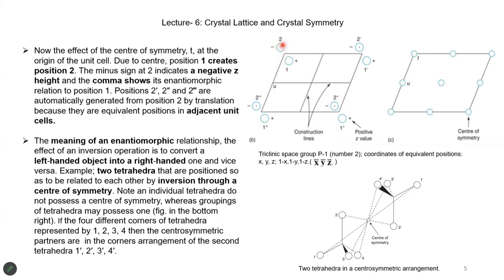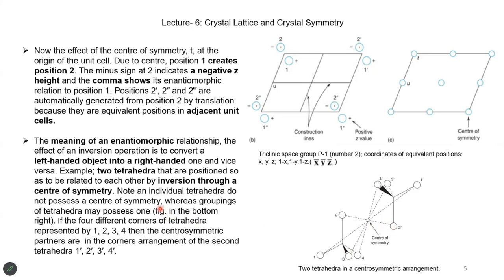Similarly, due to this center, all other unit cells get 2 prime 2, 2 prime 2 and 2 prime 3. So this is due to the center of symmetry.